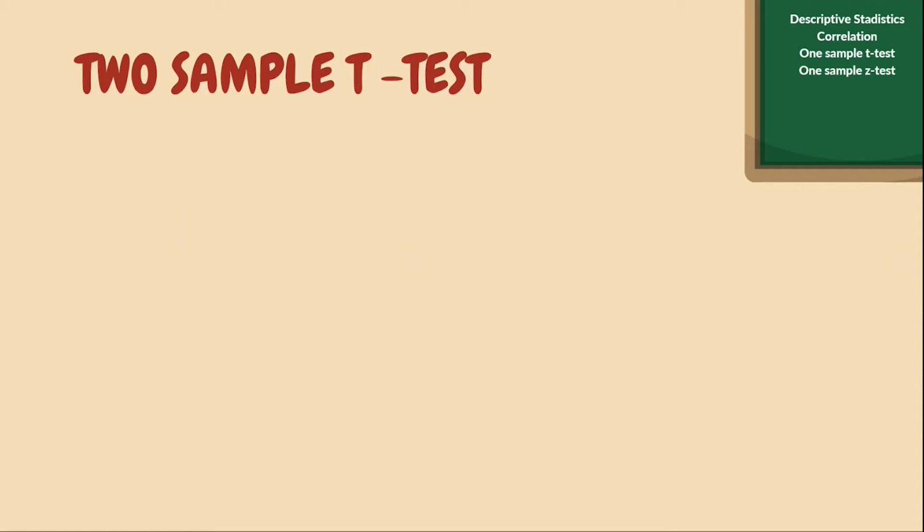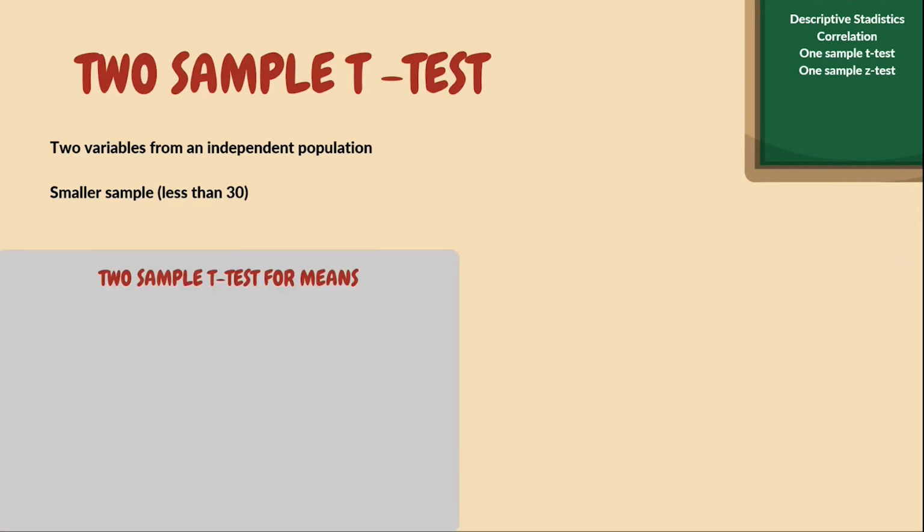Now, two sample t-test. In this case, instead of one variable, like in the one sample t or z test, in the two sample, we have two variables. Since it's a t-test, again, it is recommended to be used in a sample smaller than 30.